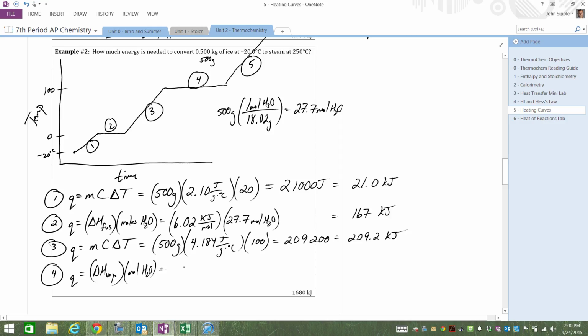That is 40.7 kilojoules per mole times we still have 27.7 moles of water. And so I ended up with 1127 kilojoules.